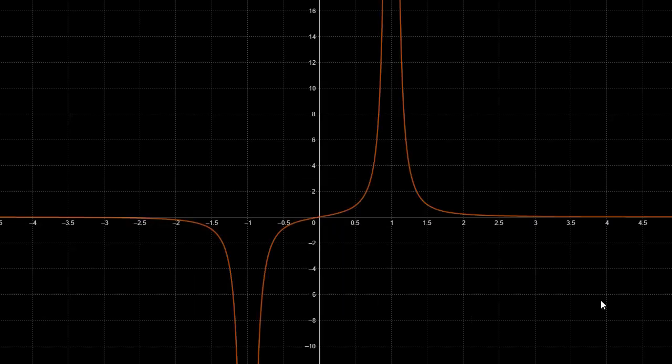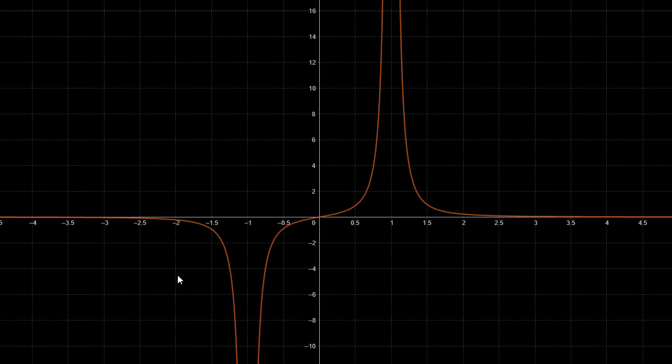All right, now let's take a look at just a graph here and say that we want to find the limit of this function. Let's call f of x as, let's start with x goes to 1. So when x is going to 1 from either side, we see that the y values here are blowing up on both sides.